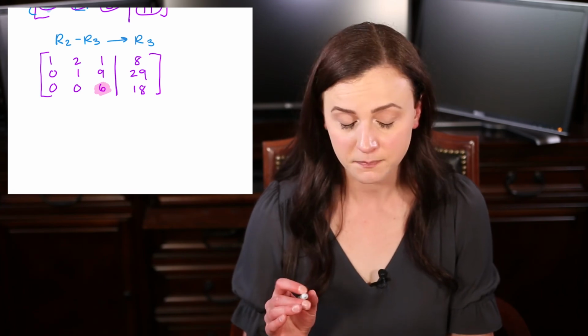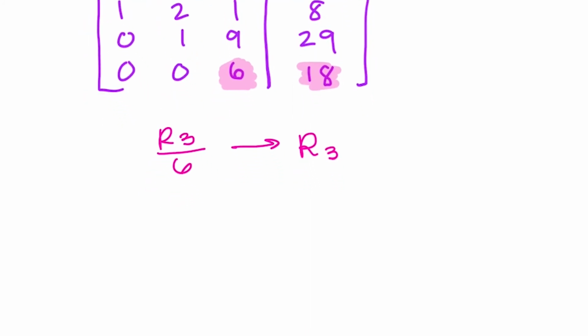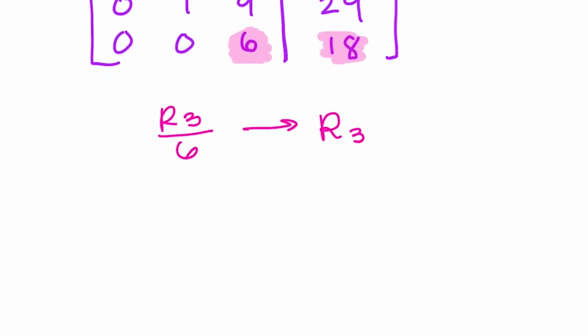But on this one, you'll notice we have a 6 and an 18. So I'm just going to do row 3 divided by 6 to change row 3, because both 6 and 18 are divisible by 6.